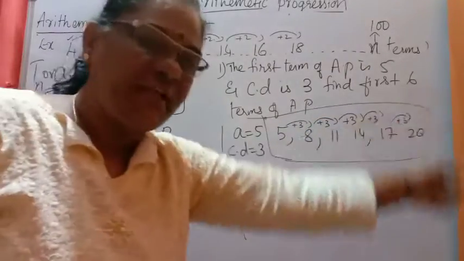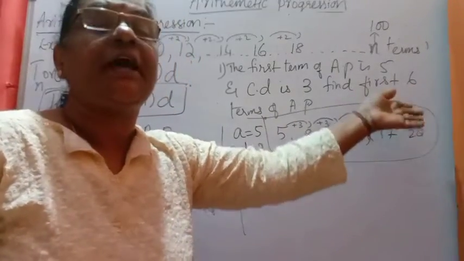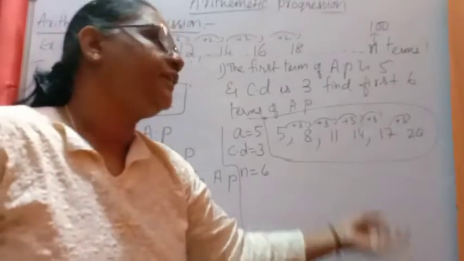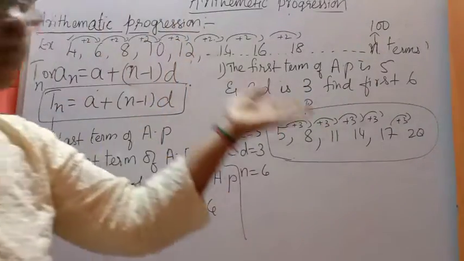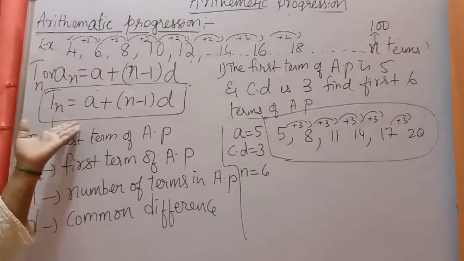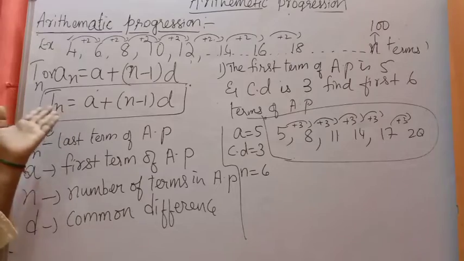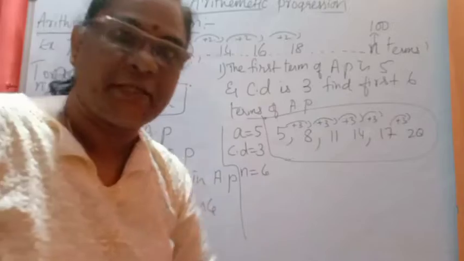So this is how they will give A and D. You can find the next number. You can find any number here. Means nth term, you can find 100th term and 1000th term. If you want to find the 1000th term, how do you find the value of the 1000th term in this sequence? Using this formula. To make it simple, we have found out this formula. Suppose in this sequence only, what is the 100th term?